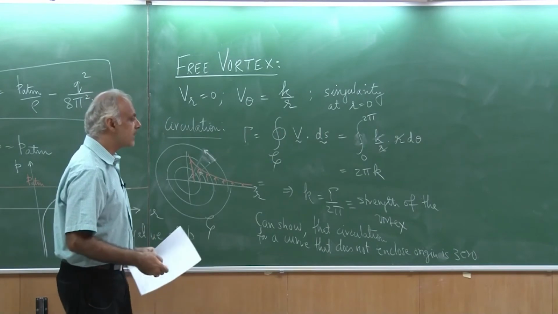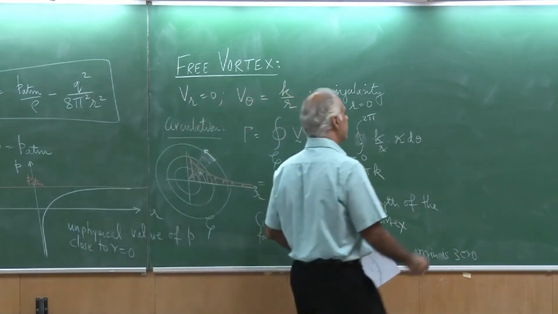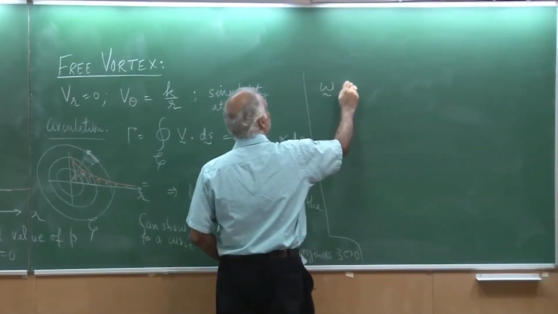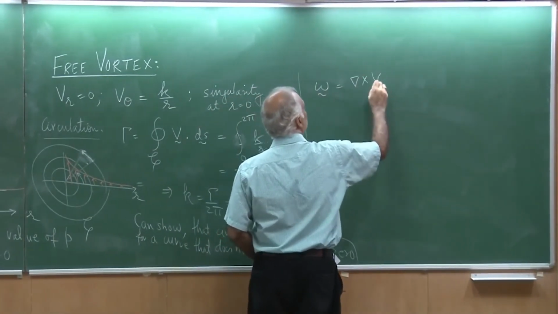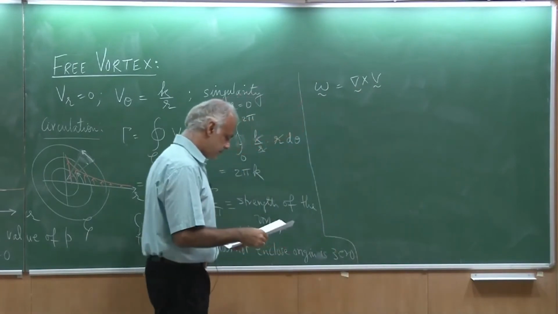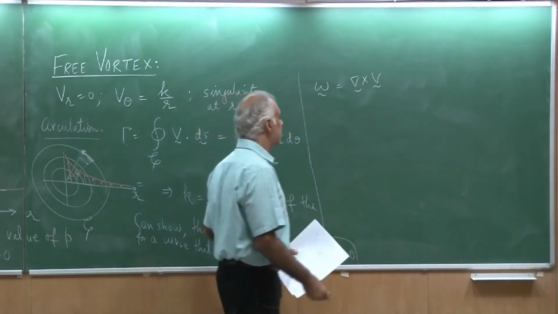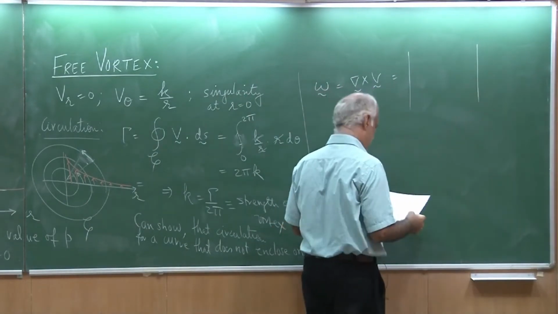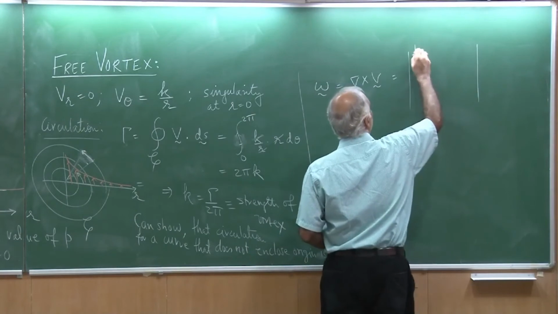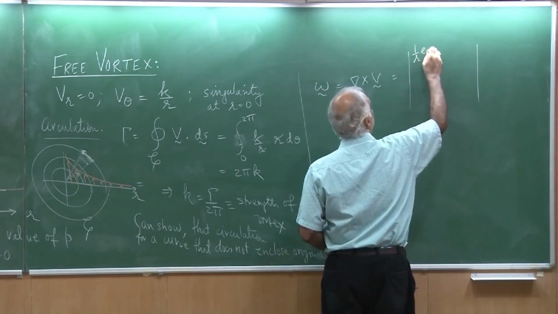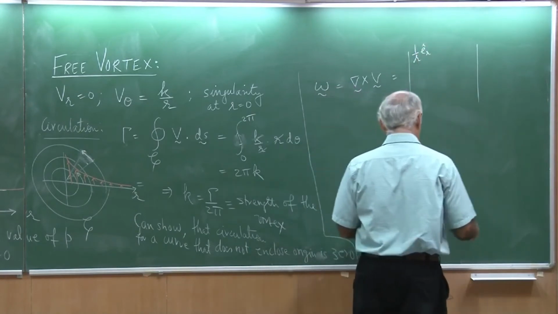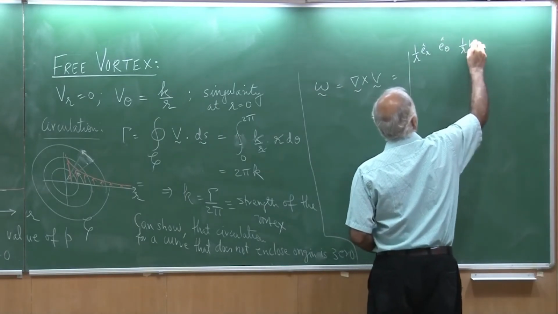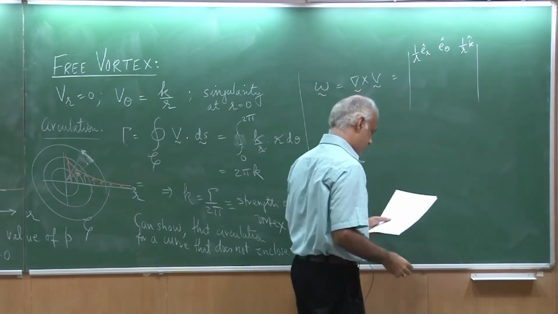The other way of looking at it is by computing the vorticity. So let us compute omega, which is the curl of the velocity. We will have to do that in cylindrical coordinates. So let me give you the expression for that. This is 1 by r E r, this is E theta, and this is 1 by r in the k direction.